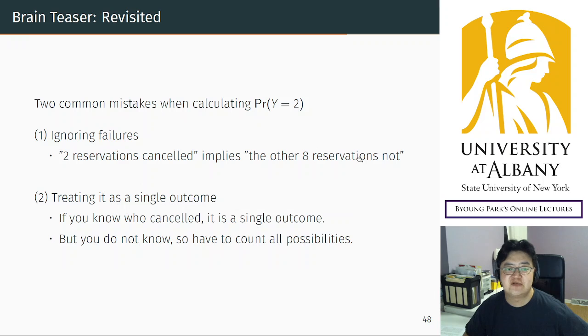So you have to consider this probability too. And second, it's not a single outcome. There are multiple outcomes, so you have to consider those different scenarios, different combinations. So if you understand those two, it's more clear why it's more complicated than it looks.